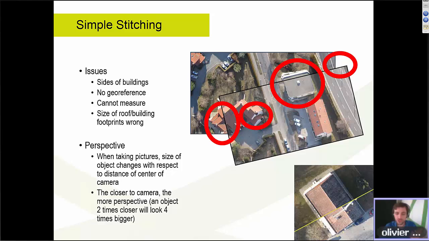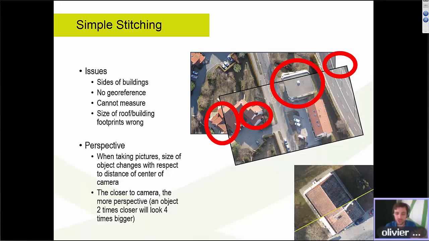Otherwise, you will have either very large artifacts in the stitching, and you will also have that the whole thing is not measurable, that everything will be very likely very wrong when you try to measure it. And this auto-rectification process is absolutely useful for anything which is not exactly flat.